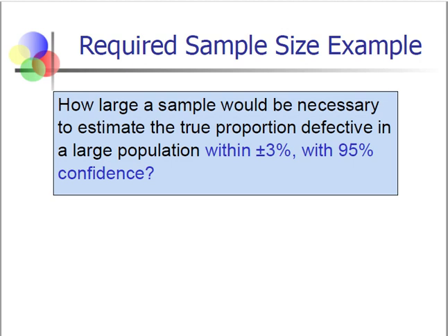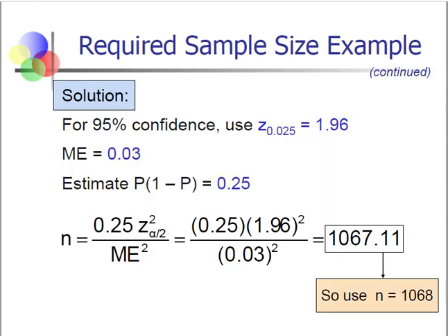Let's have our example. It says, how large a sample would be necessary to estimate the true proportion defective in a large population within plus or minus 3% with 95% confidence. So we put in our data.